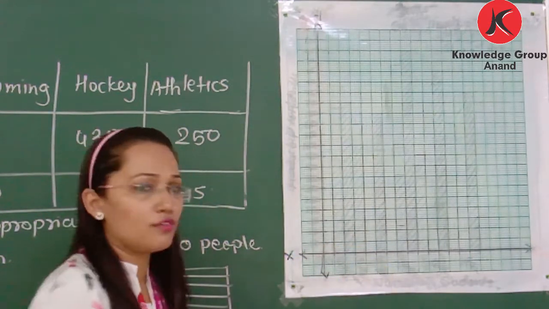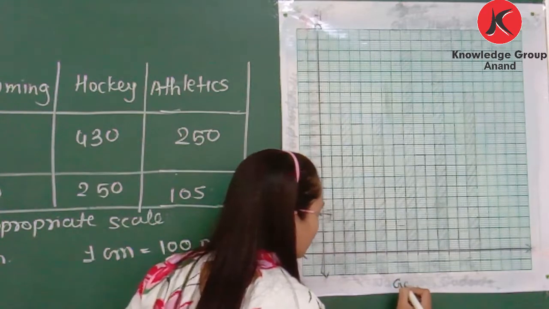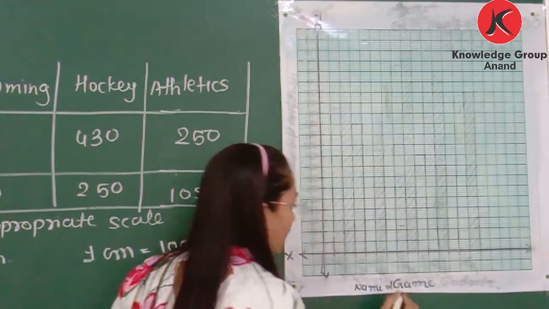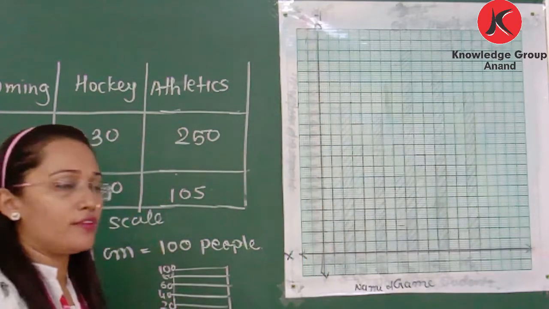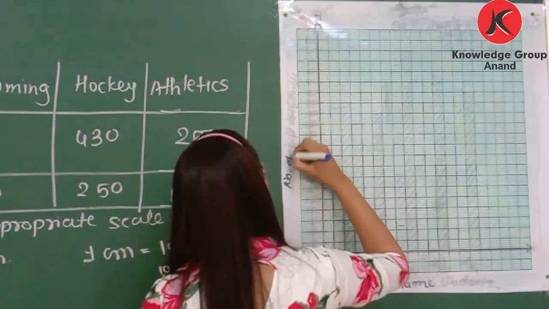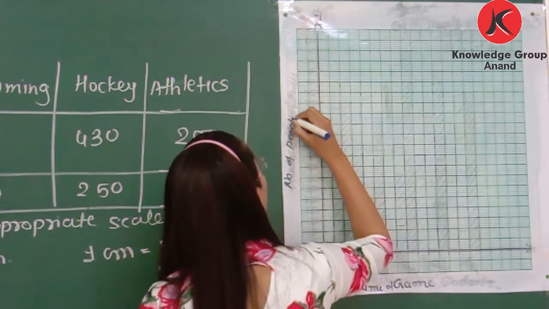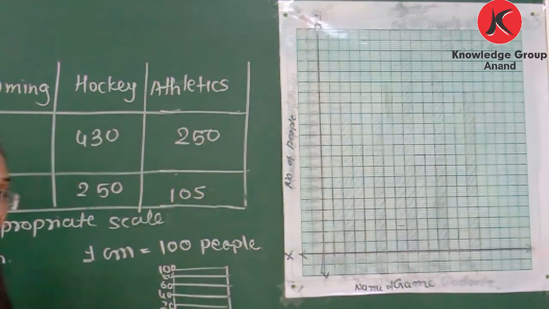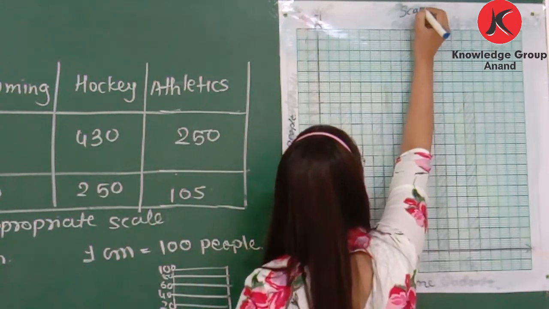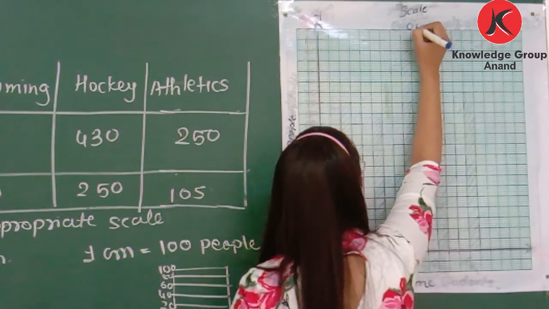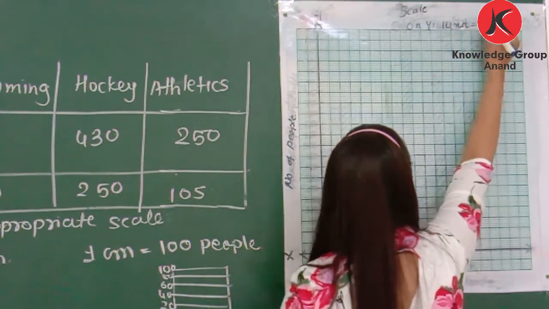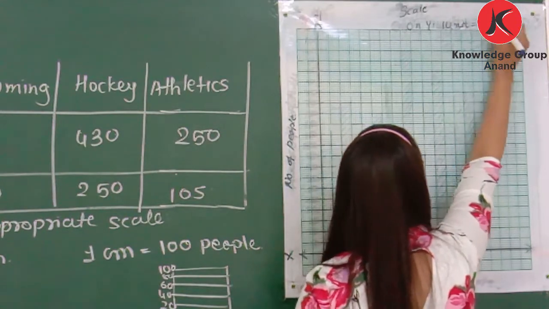On the horizontal line we are representing the name of the game, and on the vertical line we are representing the number of people. Now the scale: on the y-axis, 1 unit is equal to 100 people.